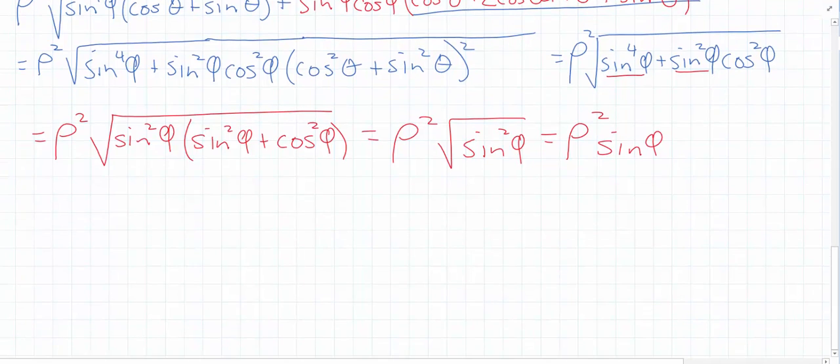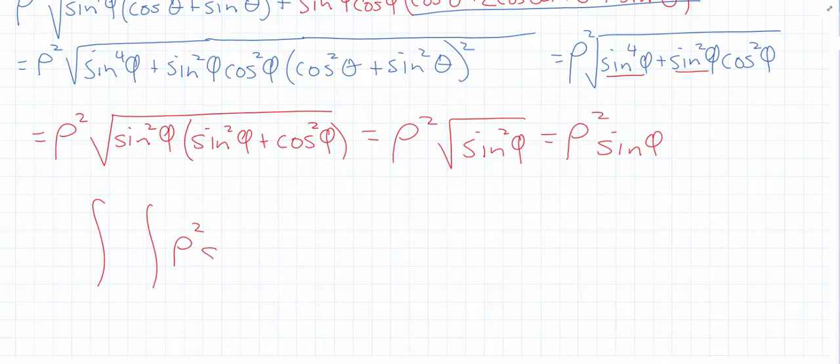So now I'm ready to set up my integral. My integral is going to go like this. It's a double integral. I've got rho squared sine phi. And I want to integrate, I guess I'll do phi first. And remember rho, we're just saying that is the radius, so we're not going to integrate with respect to rho. So I've got d phi.